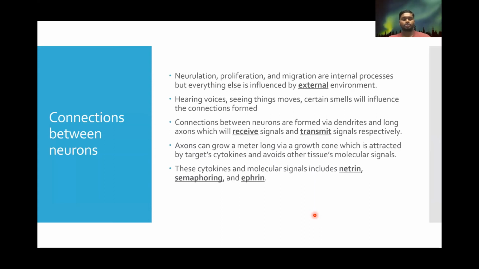Now, if we go back to our example of the notochord and sonic hedgehog, the closer you are to the origin, the higher the concentration of the signal. So in this case, the higher the concentration of the cytokine, the closer you are to the target, right? So that's how it's able to very accurately get to where it's supposed to go. And some of these molecular signals include netrin, semaphorin, and ephrin.